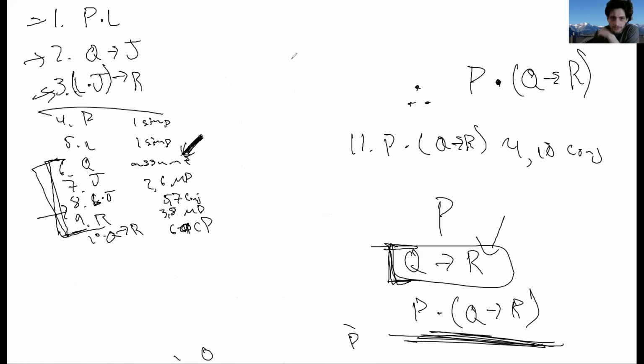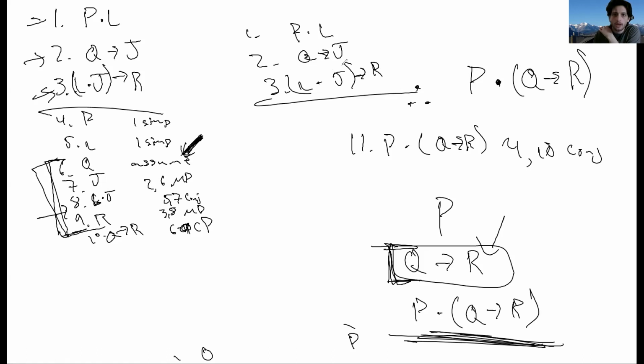So another way that this proof could have gone is if we still had 1 is P and L, 2 is Q implies J, and 3 is L and J implies R. We still have the same old conclusion, right? So same argument. And right, so oops, let me.